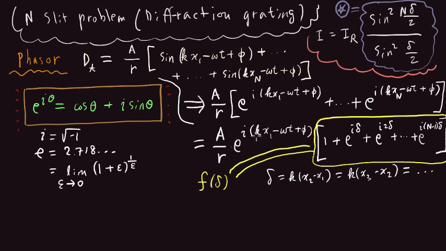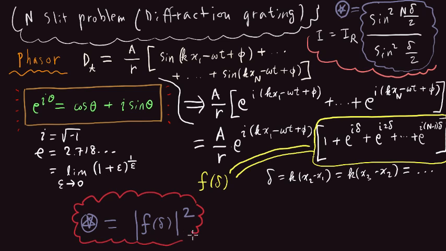The reason why that important function appears is because of this geometric series, and furthermore, the important expression is nothing else than the magnitude of f delta squared. That's the secret of the math that goes into the N-slit problem.